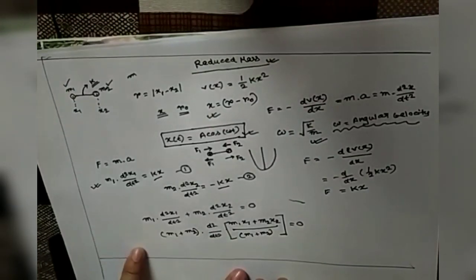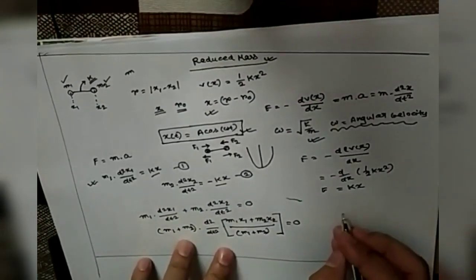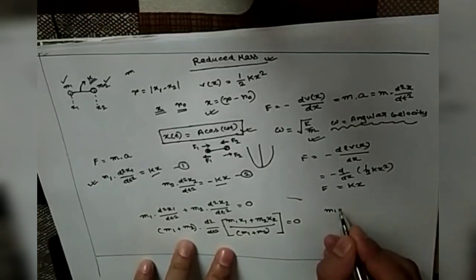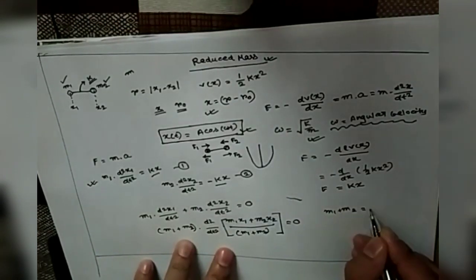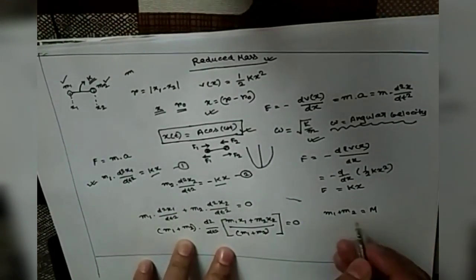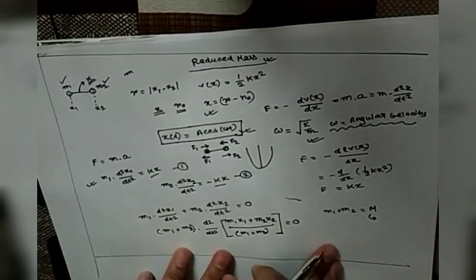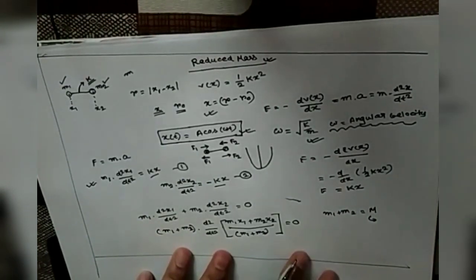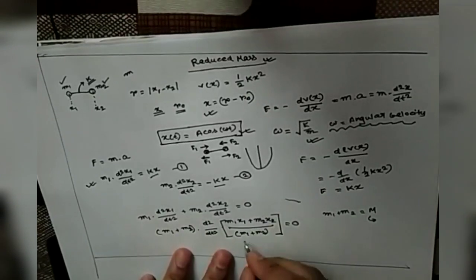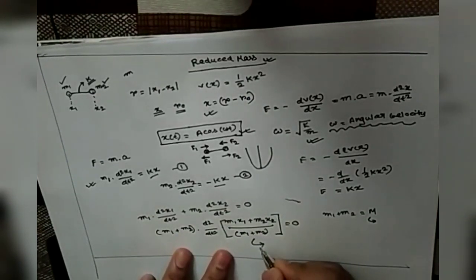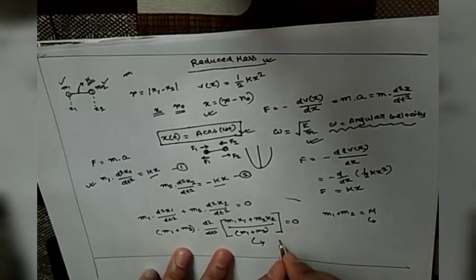Okay, so you can see that m1 plus m2 is nothing but the total mass of that system, that is the total mass of the whole molecule or the whole system. And what is this quantity? This is nothing but the center of mass of the molecule.